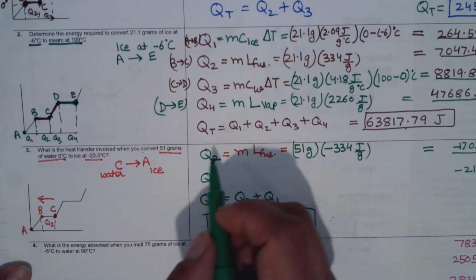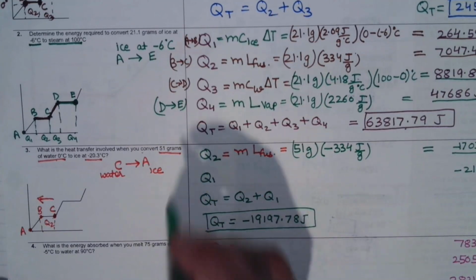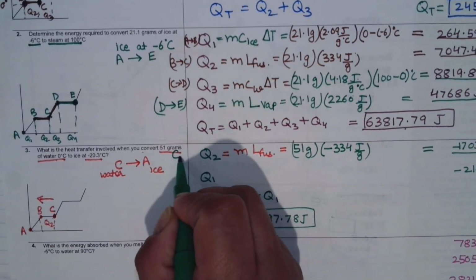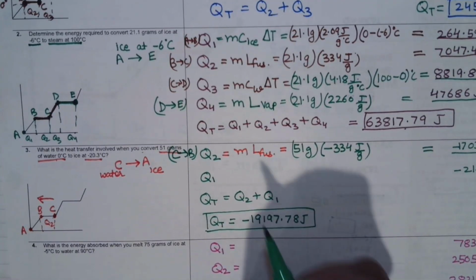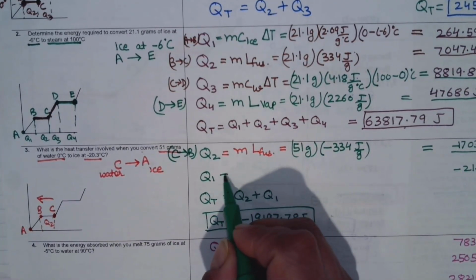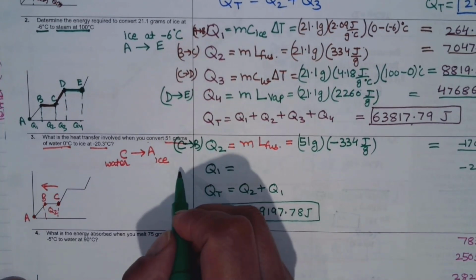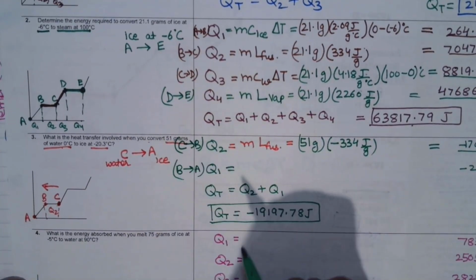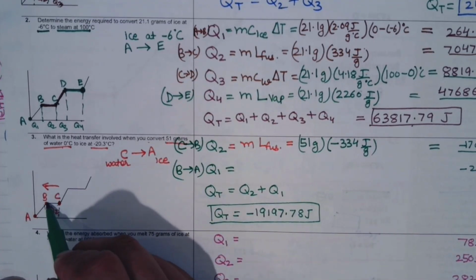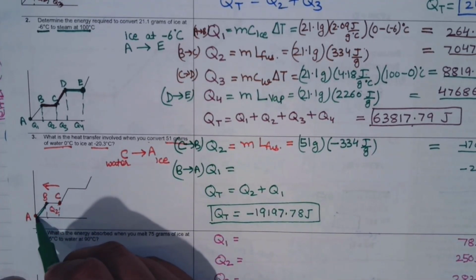Now this was going from C to B. That was the phase change. Now let's solve for Q1. So Q1 is going from B to A.